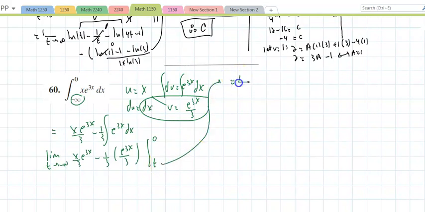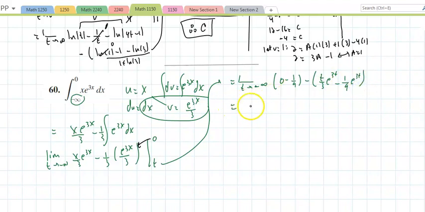This would become the limit as t approaches negative infinity, and if I take this as x over 3 e to the 3x minus, you substitute the 0 in first, you will get 0 minus 1/9 minus t over 3 e to the 3t minus 1/9 e to the 3t.